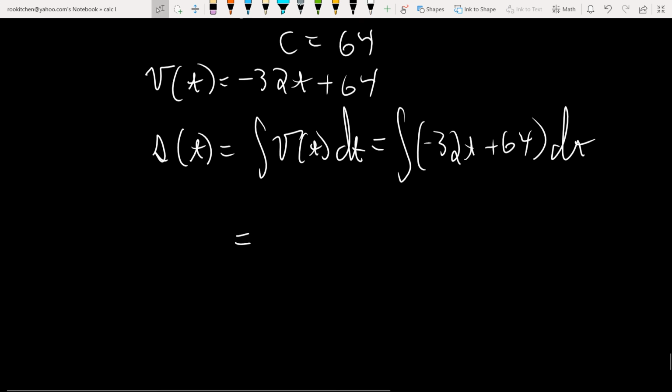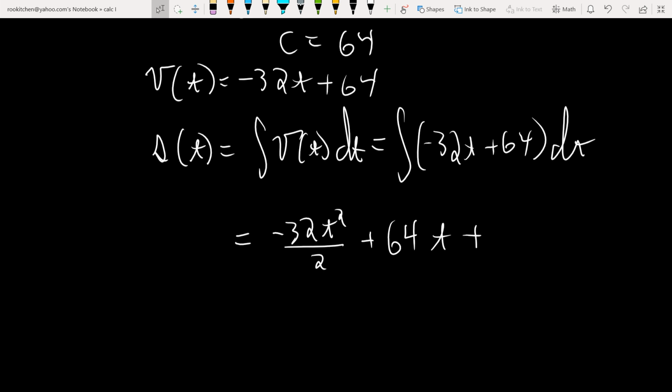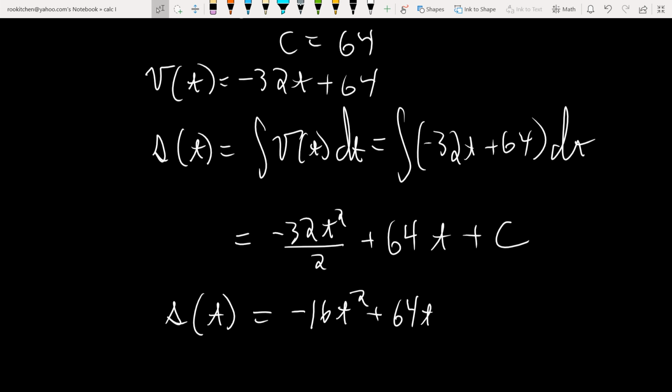Okay, so this is equal to negative 32t squared over 2 plus 64t plus c. And we can simplify that, of course, and rewrite it. And finally, we have our position function, kind of, negative 16t squared plus 64t plus c.